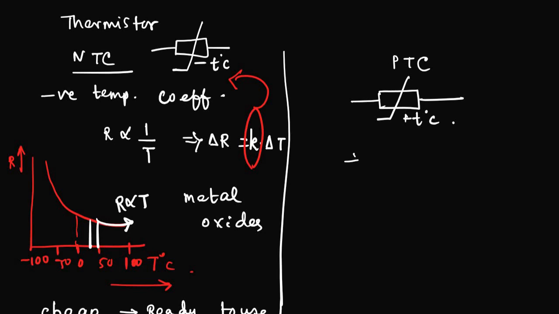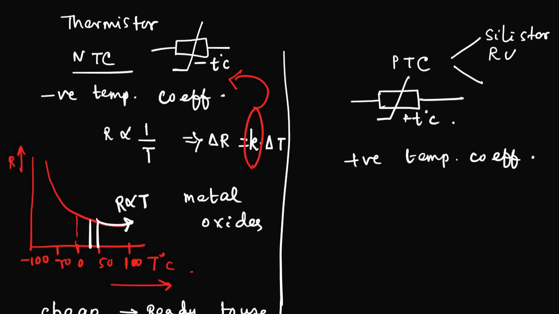What does that exactly mean? Positive temperature coefficient means as the temperature increases, there are actually two types of PTC resistor. One is a resistor made up of silicon, which is a semiconductor, you know that I suppose, and here the resistance varies linearly with temperature.